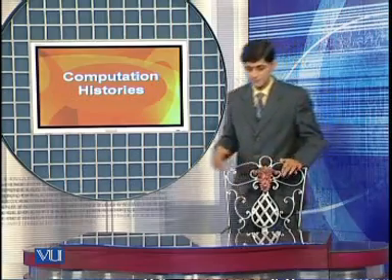This file is the computation history of the Turing machine on the input w. A computation history tells you exactly what the machine would do if you give it the input w. A computation history can be finite, so you can have L configurations in it, and it tells you what the machine does in the L steps which it performs on the input w.